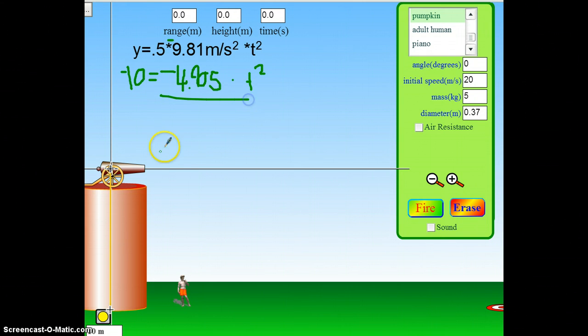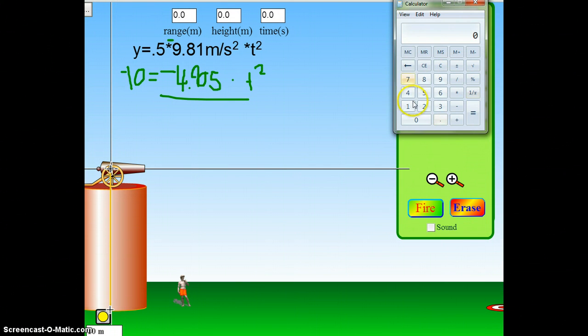So we'd have to divide our 4.905 over. When I grab the calculator and do a quick calculation, the negatives cancel, so 10 divided by 4.905, enter. We're getting 2.038 as our t squared.